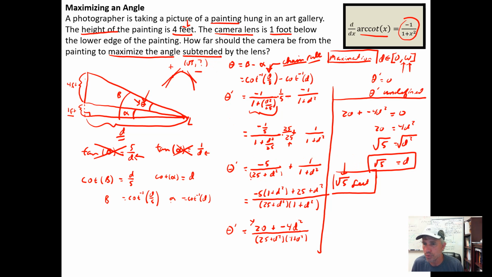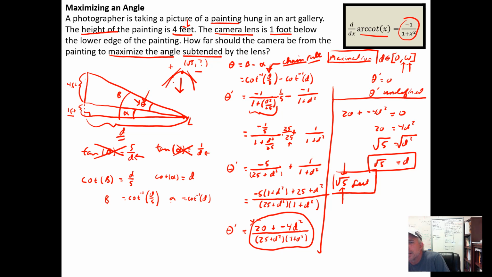So we would need to take the derivative of this guy right here, which wouldn't be fun to do, but wouldn't be that awful. Remember, the second derivative test would say take the second derivative, plug the square root of 5 into the derivative, and if it's a maximum, the graph is going to be concave down, which would mean the second derivative would need to be negative.